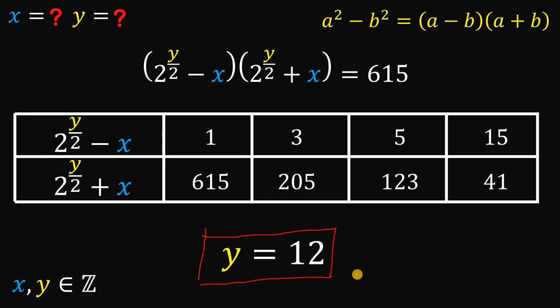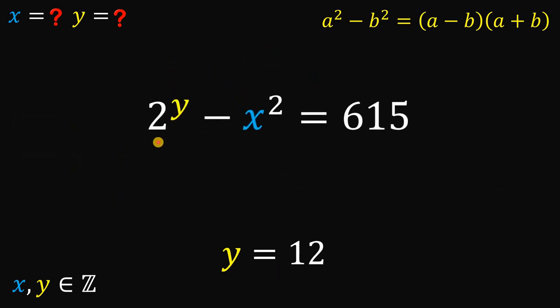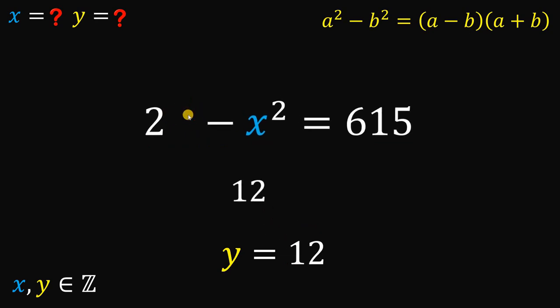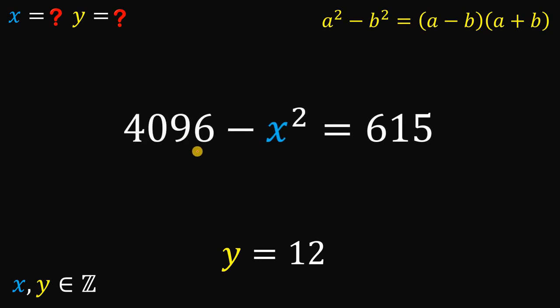Now, how about the value of x? Let's go back to our original equation: 2 raised to y minus x squared equals 615. We now know the value of y, which is 12, so we can replace y with 12. And 2 raised to 12 is equal to 4096.